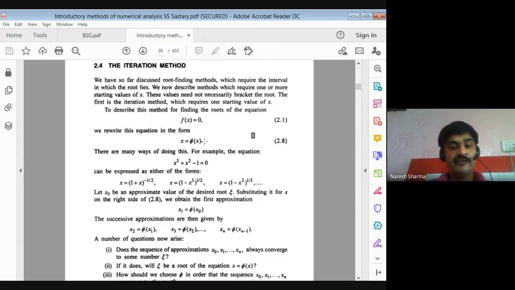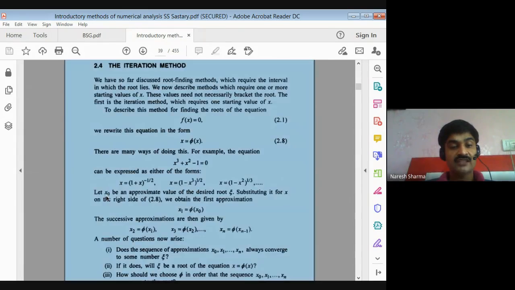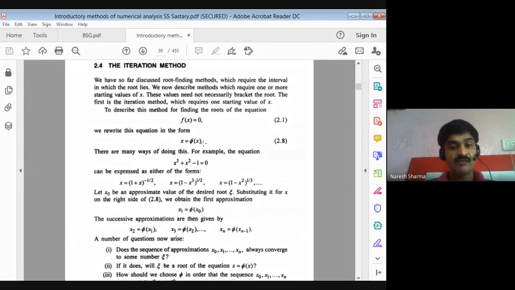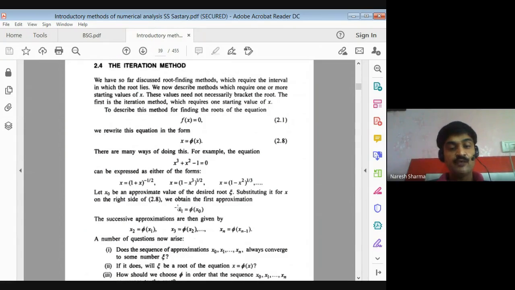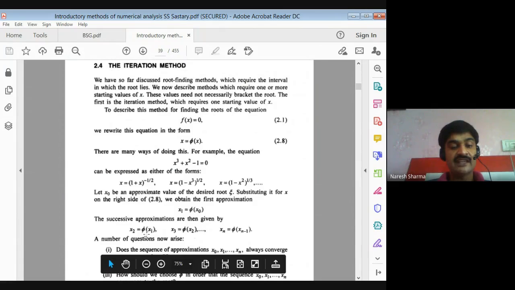If it becomes in this form, we just put an initial value of approximation of the root, suppose x naught, into the right hand side. We put it in the right hand side, that is phi(x0), which gives you x1. Then again put this x1 into the right hand side, that is phi(x1), which gives you x2.